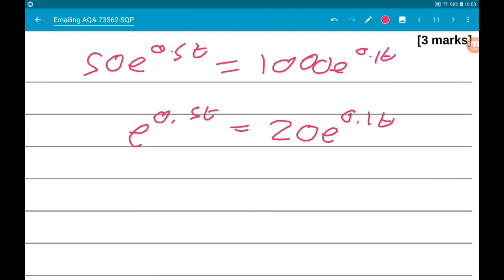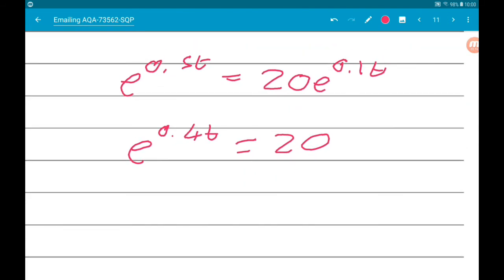So e to the 0.5 t divided by e to the 0.1 t is e to the 0.4 t. That is equal to 20. Now if we take logs of both sides, we get 0.4 t is log 20.